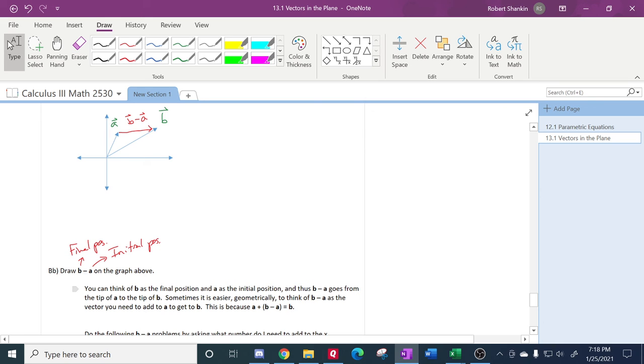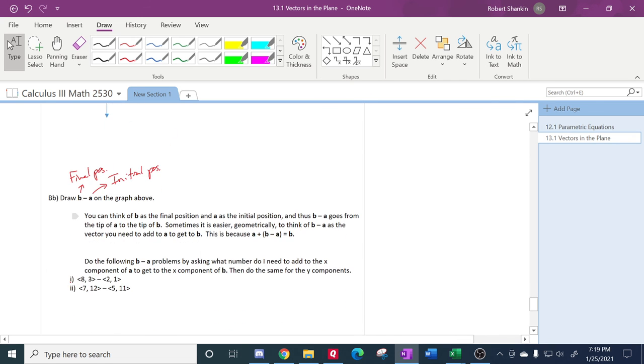Sometimes it is easier geometrically to think of B minus A as the vector you need to add to A to get to B. Just like we were thinking with 8 and 5, this is because A plus B minus A is equal to B. What is the vector I need to add to this one? And we do the tip to tail approach to get to that one.